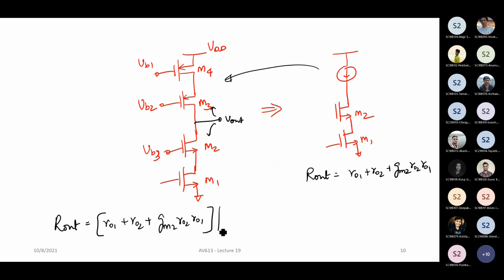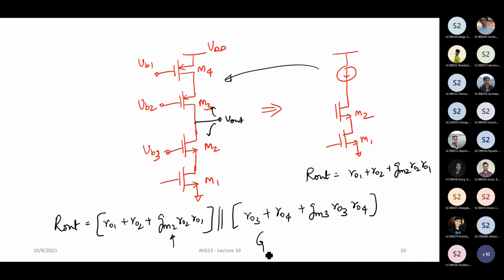This whole thing is going to be in parallel with ro3 plus ro4 plus gm3 ro3 ro4, that is your cascoding transistor. Now this becomes your Rout expression. Now obviously because of this multiplying factor gm-ro, your output impedance is going to be much higher.